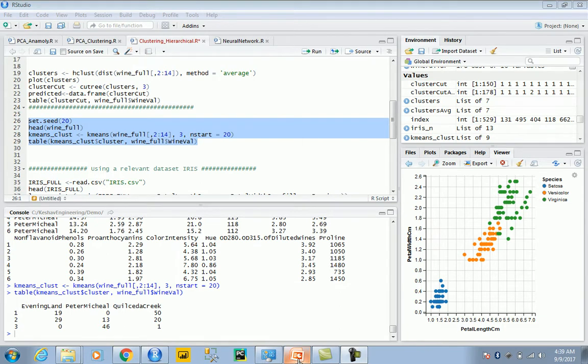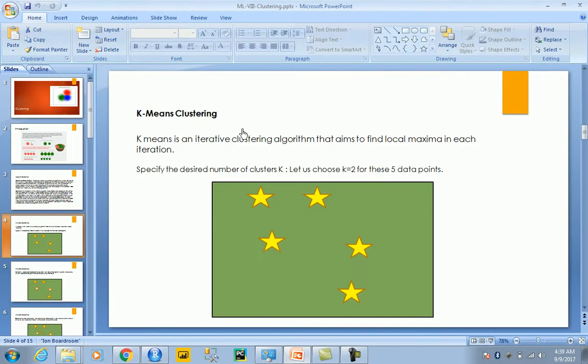So let's jump into some clustering. We start with the very basic means of clustering, that is K-means clustering. It's an iterative clustering algorithm which wants to find the local maxima in each of the iterations.